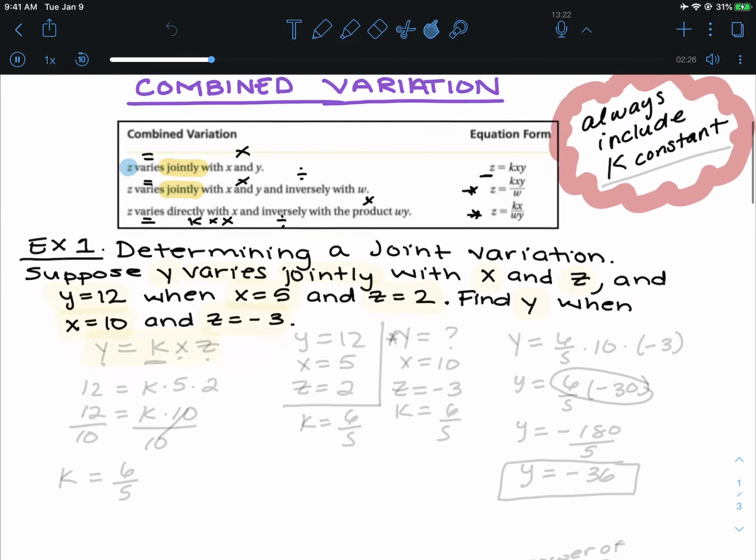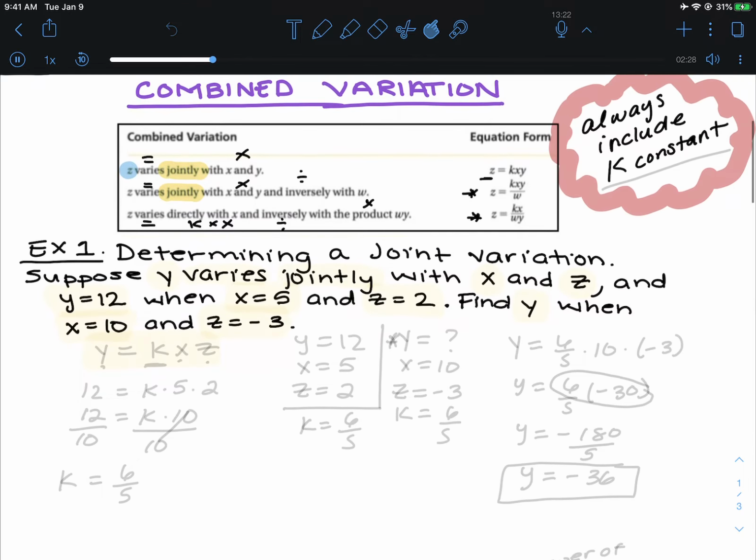Okay, so example number 1. Determining a joint variation. Suppose Y varies jointly. So here, Y varies. Remember, varies is the equal sign. So I'm going to go ahead and create that. Y varies equal to, jointly here means multiplication. So what are we going to multiply?